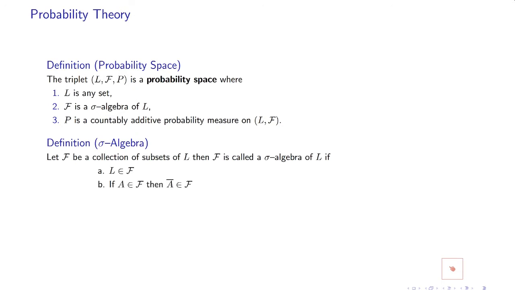The first condition is that Ω itself should be inside the sigma algebra, and for any member of F, its complement should also be inside F. Particularly here, because we know that Ω is in F, and because of the second condition, the complement of Ω should also be in the sigma algebra, and this is nothing more than the empty set. So from the two properties, we conclude that the whole set and the empty set are inside the sigma algebra.